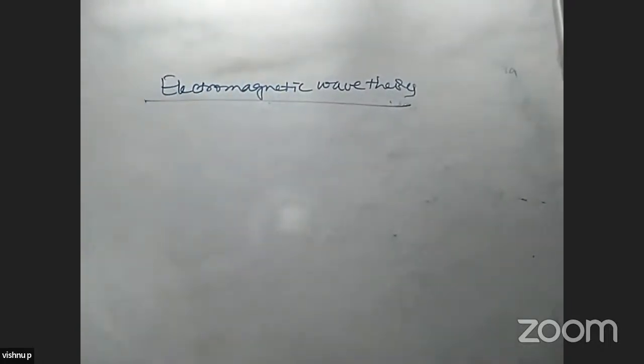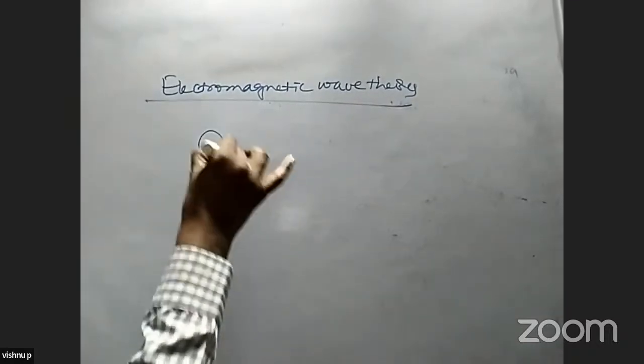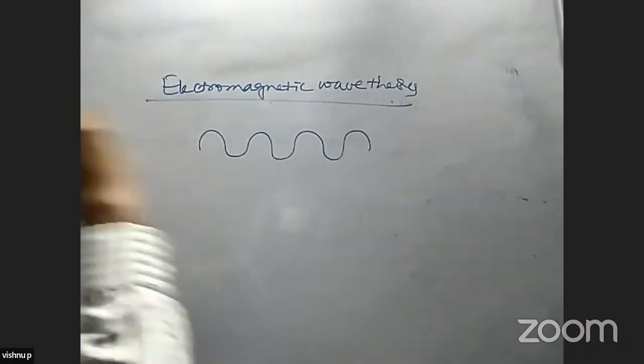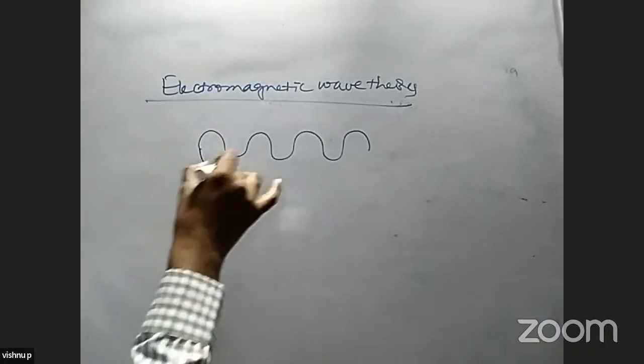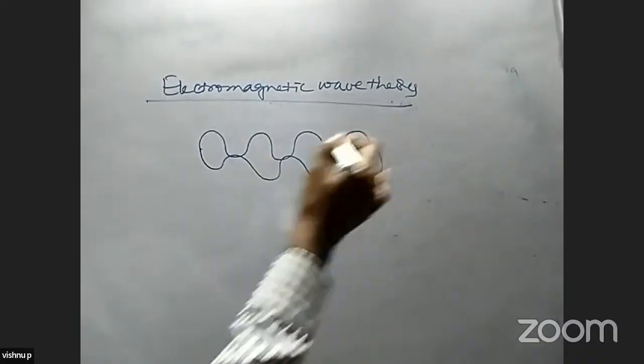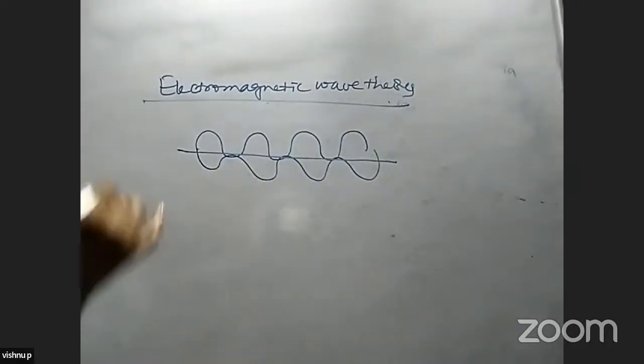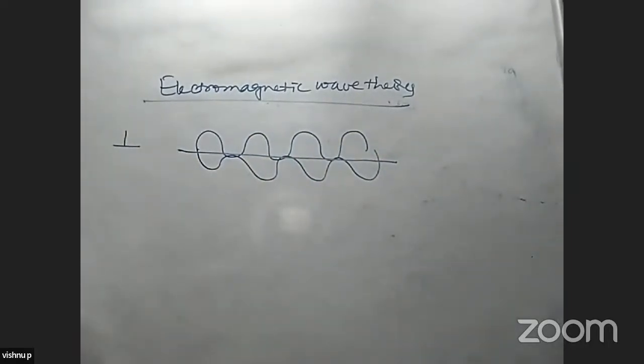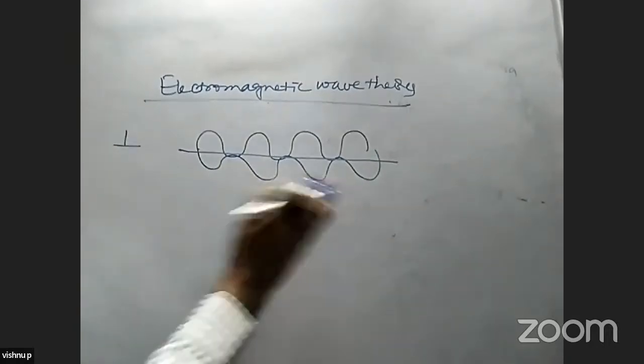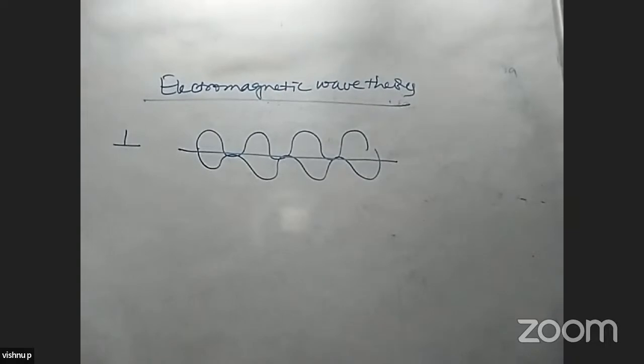These radiations contain both an electric field and a magnetic field. Both are perpendicular to each other, and they can travel through vacuum also. No medium is required for their propagation.